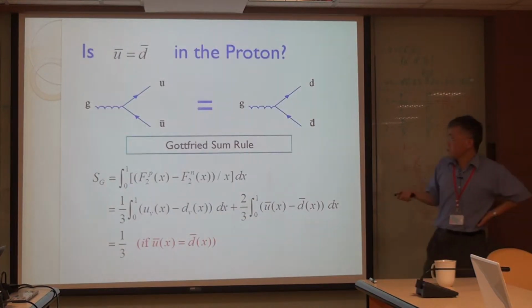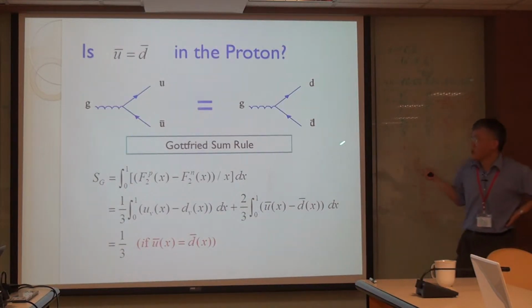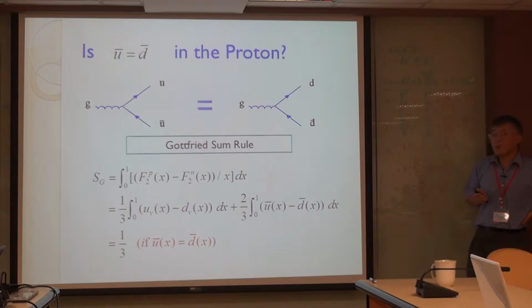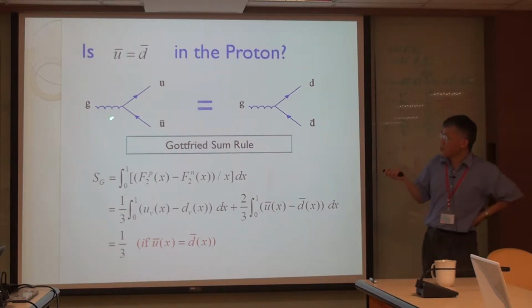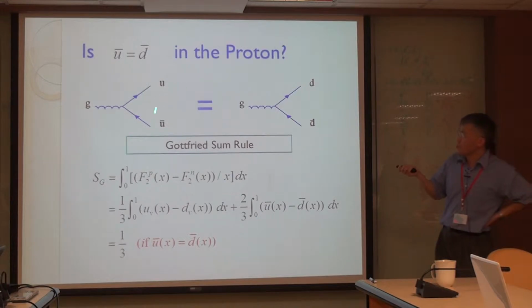So the naive picture of how the sea quark comes out is from gluon splitting. Even though the strange quark mass is slightly bigger than u and d, in terms of u and d, the mass should be quite close. So you would imagine the probability for a gluon to go into u u bar should be more or less equal to d d bar.